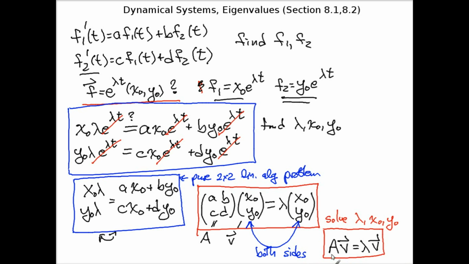I'm given the matrix A, I'm looking for a vector such that when you hit it with A, you get a multiple of that vector. And notice that I have to find both the vector and the multiple. So there are really three unknowns here, as I said right here. Anyway, that is exactly the type of equation we're led to, and that leads us directly into eigenvalues and eigenvectors.